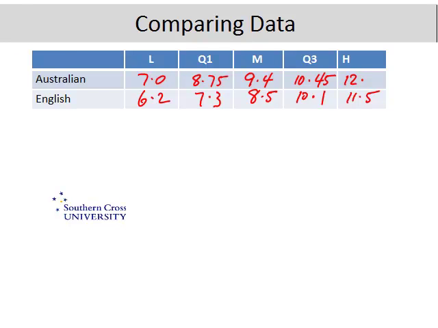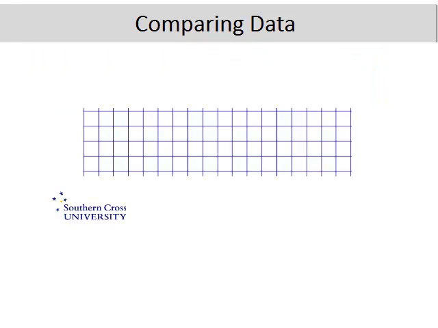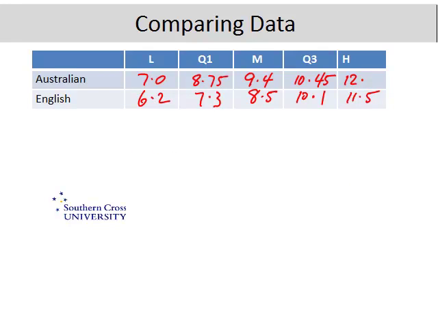Then we have to go about drawing these things. So now we've got the table. You need something like a piece of graph paper to do that, and you need to set some values up along the bottom. If you look at the previous table, the absolute lowest number is 6.2, so let's say 6, and our highest value is 12.2, so let's say maybe as high as 13.